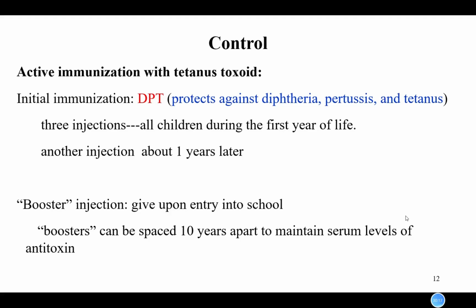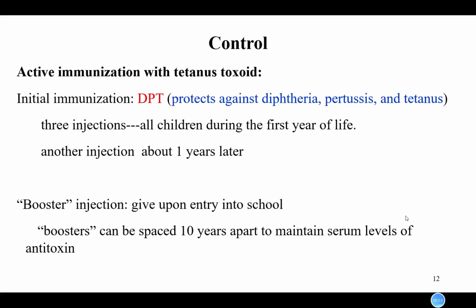In some of your countries, you would get a booster injection every 10 years, right? That provides long-term or lifelong protection. But this policy is not used in China. In China, the adults won't receive the booster injection.